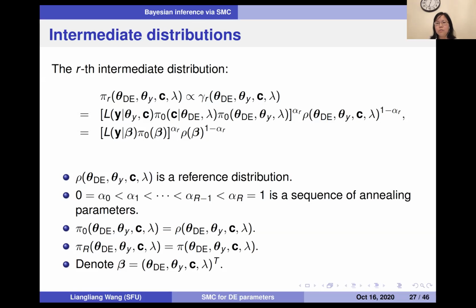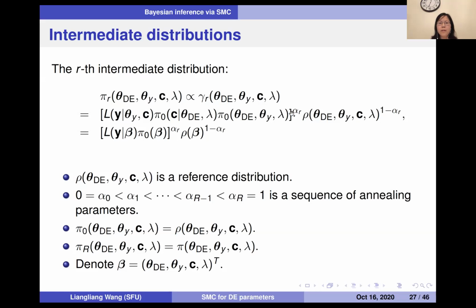We don't have to start from the prior distribution. We would like to start from some distribution based on some estimate from other measures, for example, so it can approach the target distribution more quickly. That's why we're using this reference distribution here.